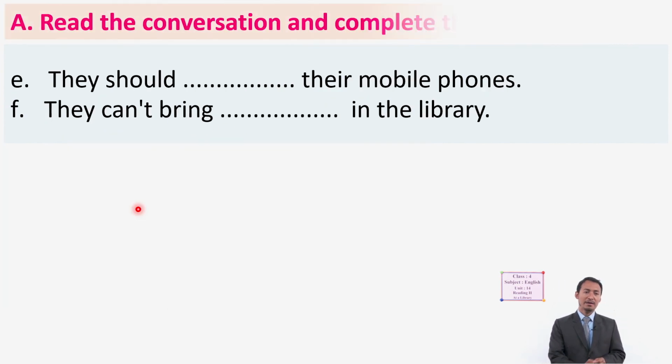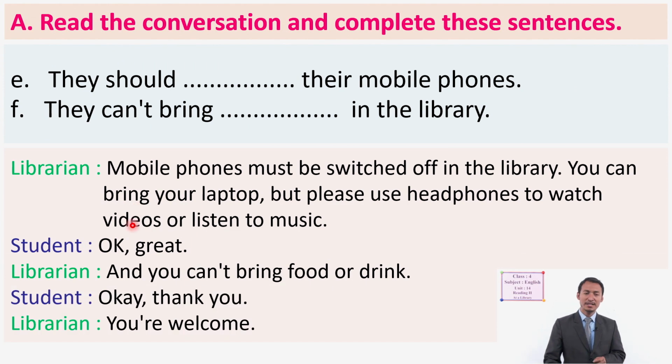Okay, now we have some more sentences here. E and F. They should their mobile phones. What should the students do to their mobile phones? Let's find out the mobile phones here. Where is mobile phone here? Yes, it's here. Mobile phones must be switched off in the library.